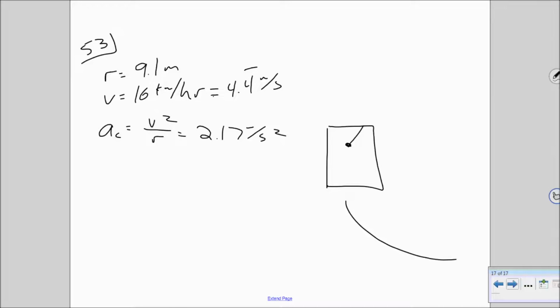So that tension vector is accomplishing two things. The force of tension in the x direction is mass times centripetal acceleration, right? Because the x component of the tension is providing the centripetal force. And the force of tension in the y direction is that. And we want to find this angle.